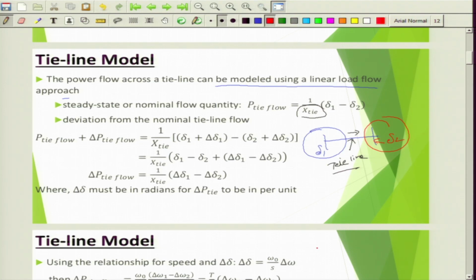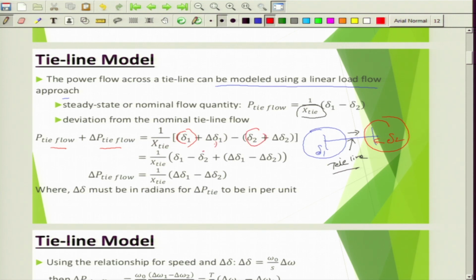So the deviation from the nominal tie line flow is P tie flow plus delta P tie flow. That means earlier there was a power flow, and due to some disturbance there is a change in tie line power flow. So this plus this is equal to 1 by XTI times the original phase angles delta 1, delta 2, plus a change in delta angle.